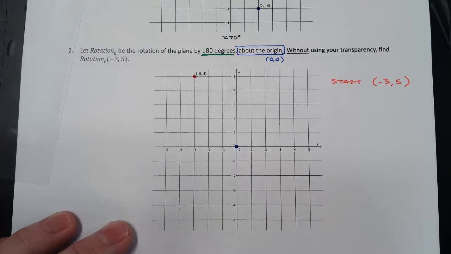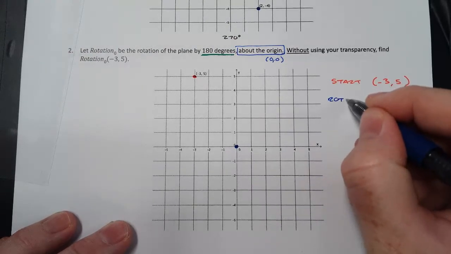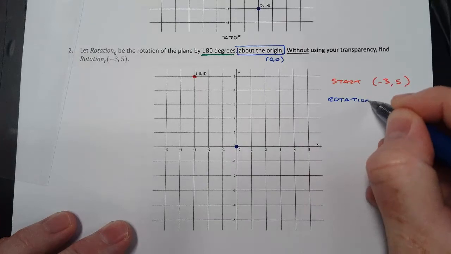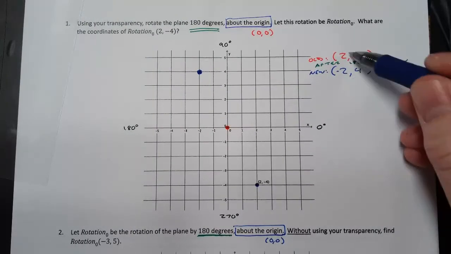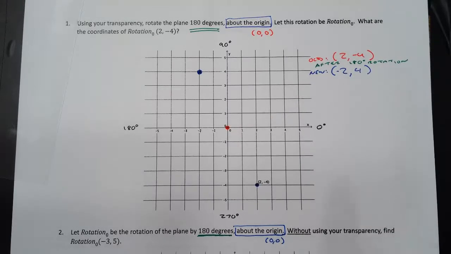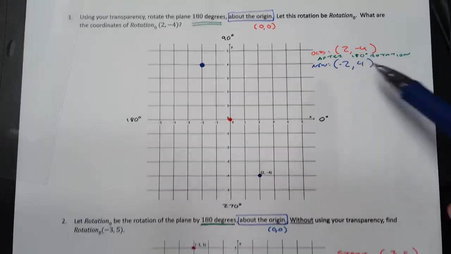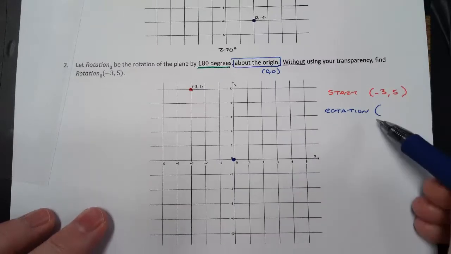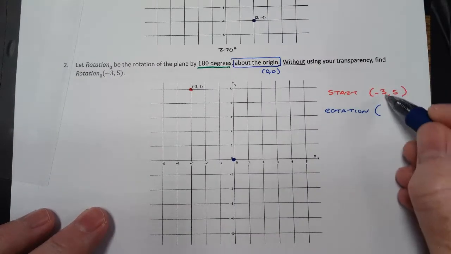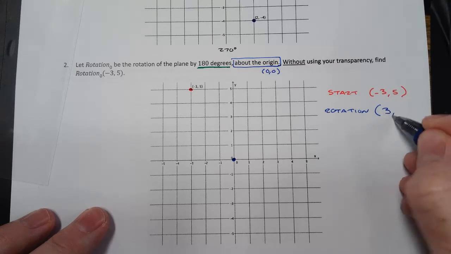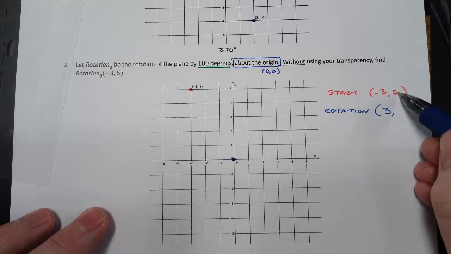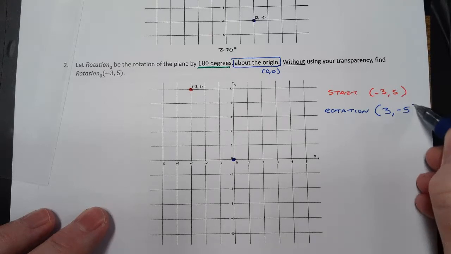After the rotation, I'm going to make a prediction based on exercise 1, because exercise 1 made the things the opposites. The 180 degree rotation made opposite coordinates. I'm going to predict that after the rotation, -3 is going to go the opposite. So the opposite of -3 is 3, and the opposite of 5 is -5.